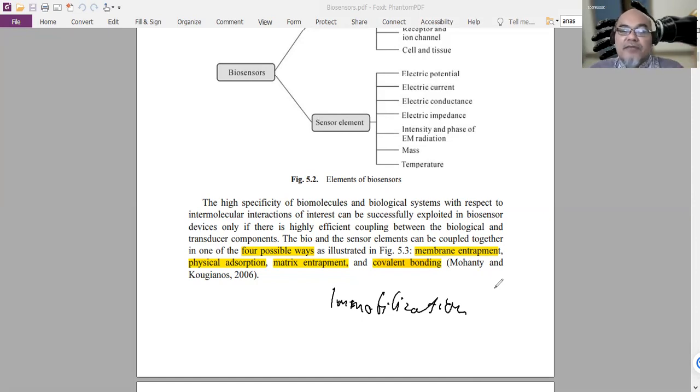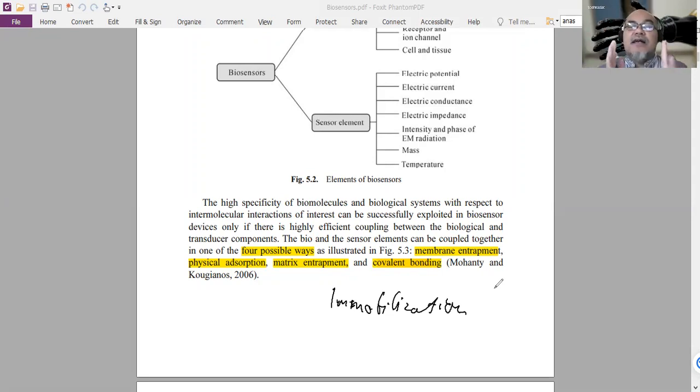But in a biosensor, since we want to take the measurement to the field, the instrument has to be made small, and the reaction is made to only occur at the surface of the substrate. So hence the bioelements are being immobilized. We call it immobilized, so they cannot float around in the liquid with the analyte.